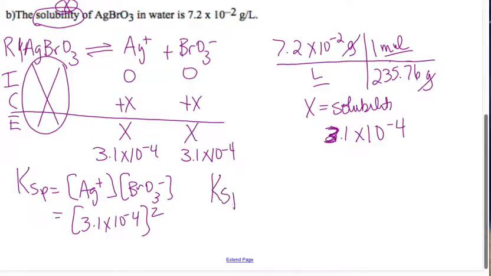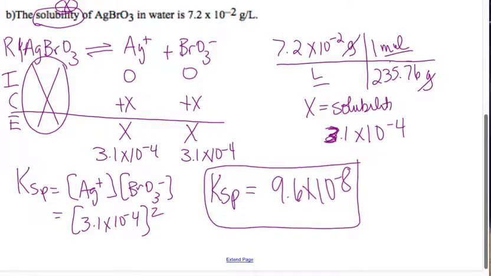What does our KSP end up being? 9.6 times 10 to the negative 8th. Okay? How do we feel about that? Pretty straightforward? We're going to layer onto this. It's going to get a little more layered as we go through. So that's one of our simplest ones, finding the solubility.